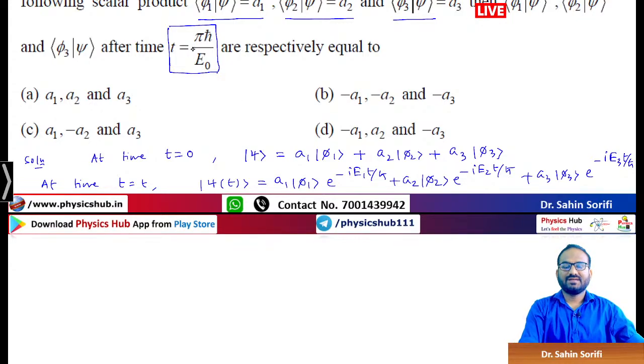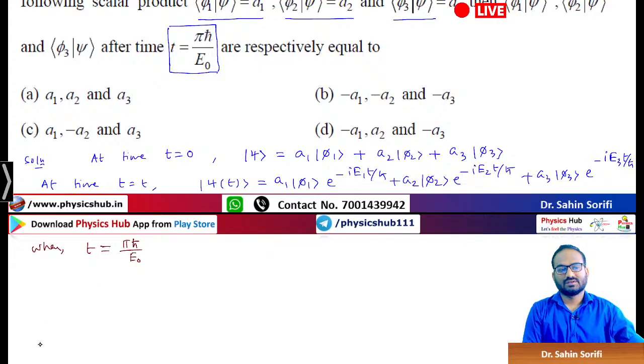So after time t equals pi h cut by E naught, when t is equal to pi h cut by E naught, then what will happen?